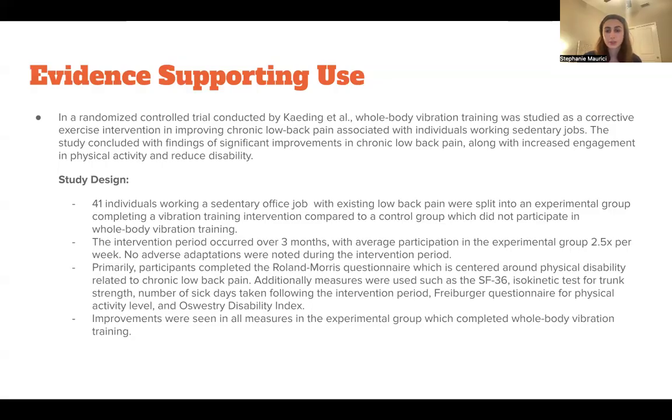Additional measures included the SF-36, like we saw in the previous study, an isokinetic test for trunk stability, the number of sick days taken following the intervention period, the Freiberger questionnaire for physical activity level, and the Oswestry Disability Index. So improvements were seen across all measures in the experimental group who completed the whole body vibration training.